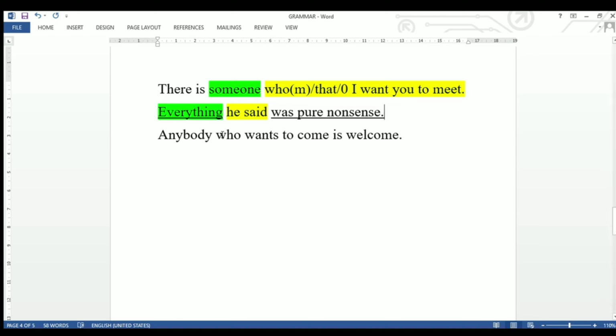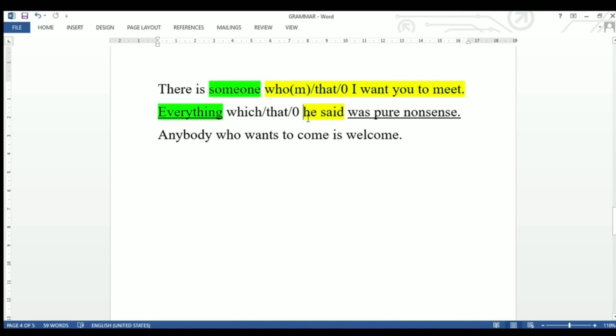Okay, and we can say everything which or that or zero. Everything which or that or zero he said was pure nonsense. We're able to delete the relative pronoun because this is an object of the verb said.